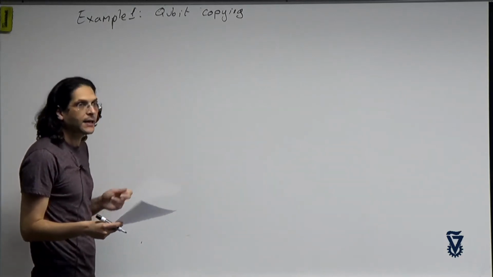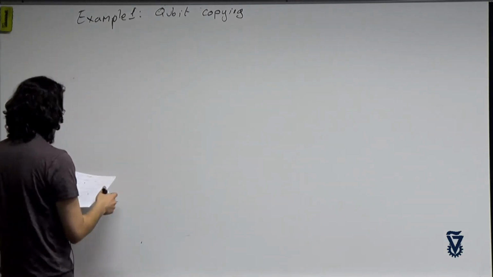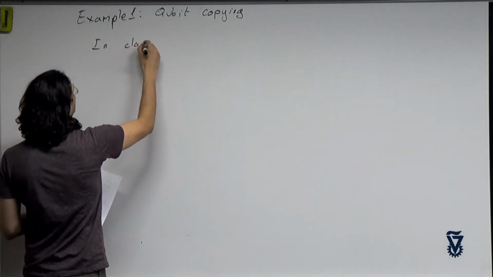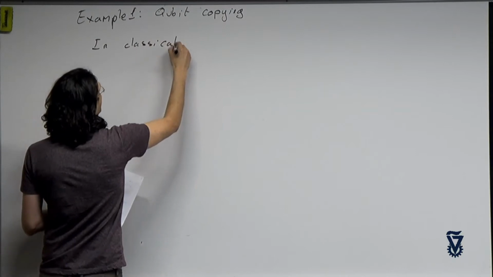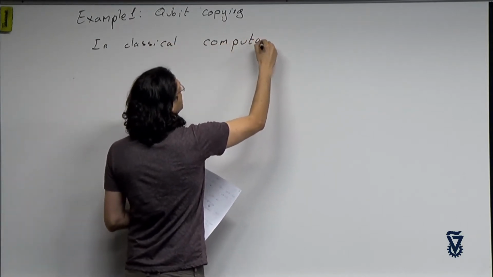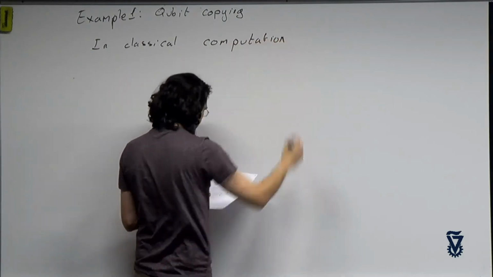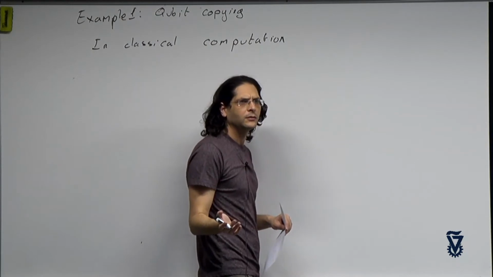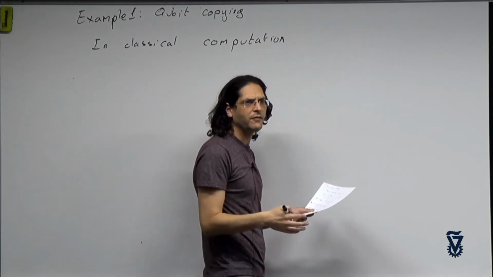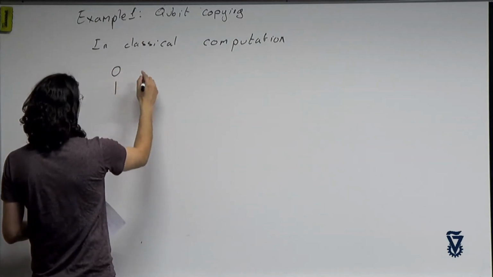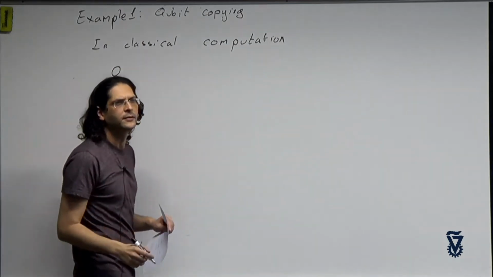Now, in classical computation, do you know what operation clones a bit? So suppose I have an unknown bit, it's 0 or it's 1, and I want to copy it to a friend bit.